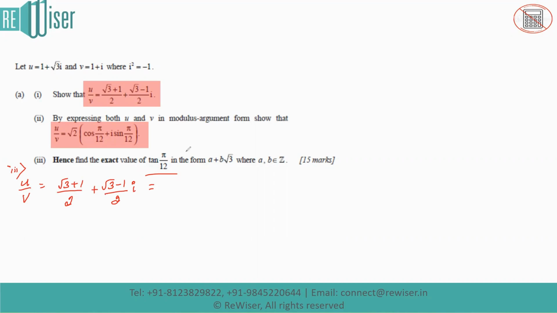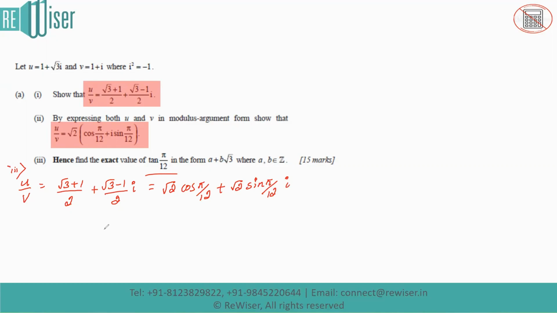And this is also equal to root 2 into cos pi by 12 plus root 2 into sine pi by 12 times i.